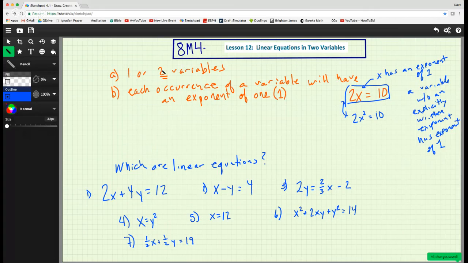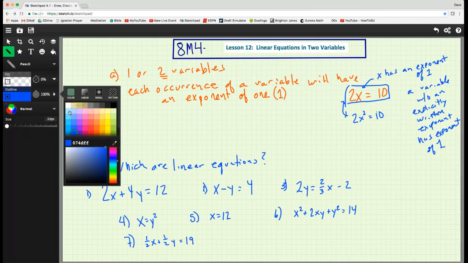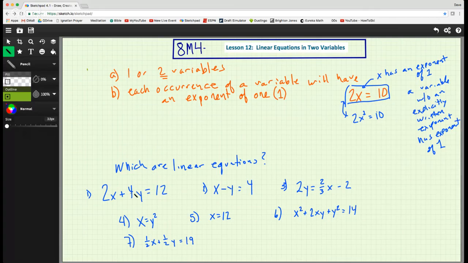So let's look at these examples down here, and let's see which ones follow the two rules and which ones are indeed linear equations in two variables. Okay, so let's look at this first one. Does it have one or two variables? Yes, it has two variables. That's true.